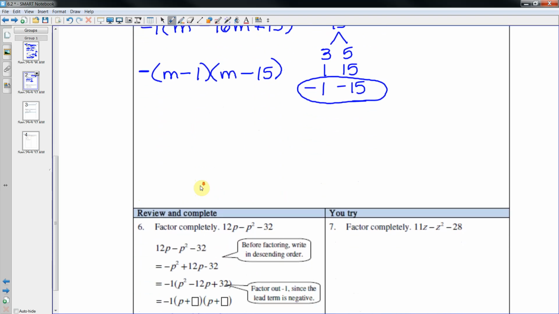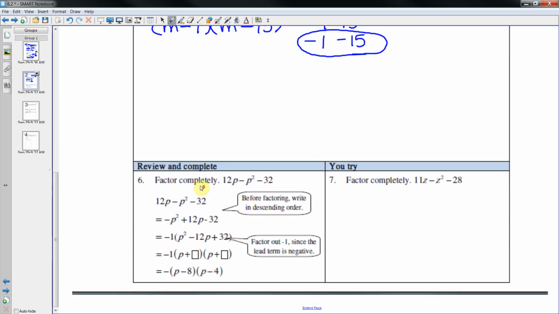Now let's try one more like that down at the bottom of the page. This is not written in descending order, so I'm going to go ahead and do that. Negative z squared plus 11z minus 28. So let's take out that negative 1 and have z squared minus 11z plus 28.